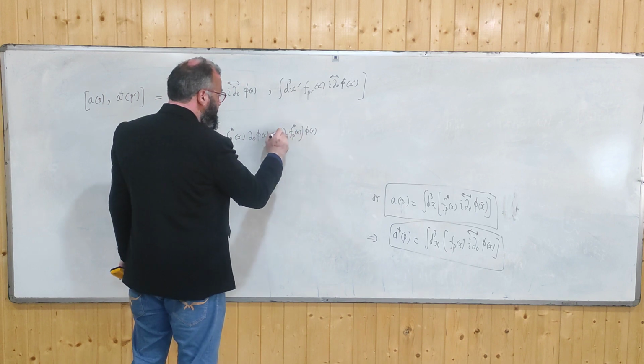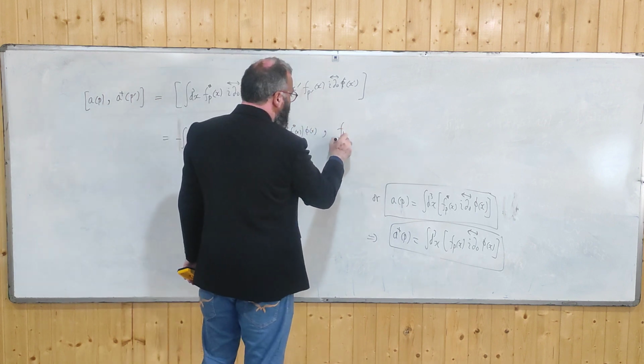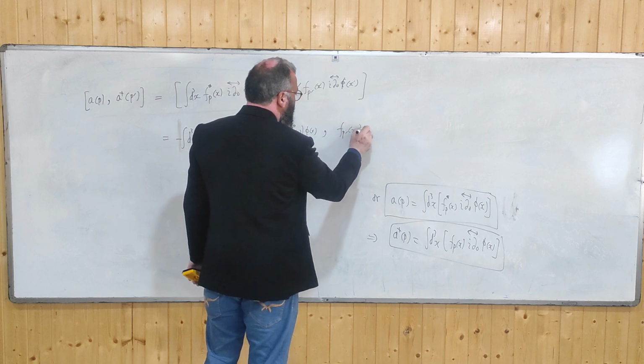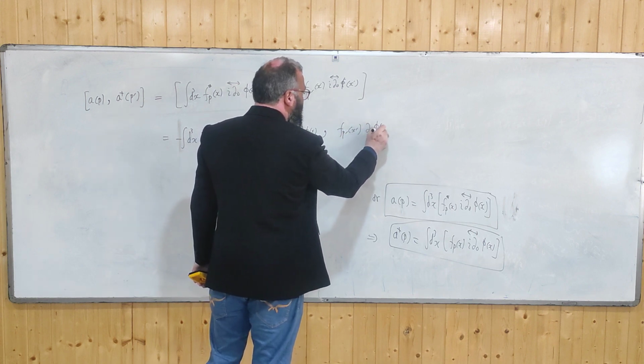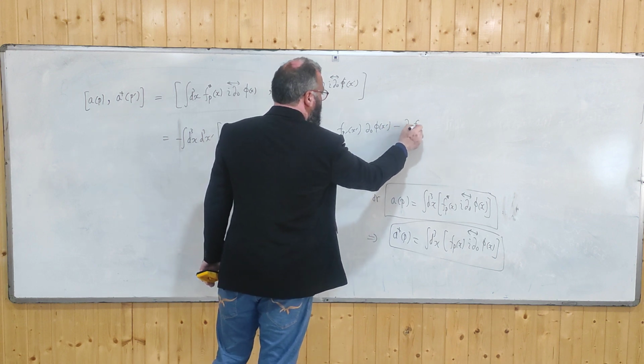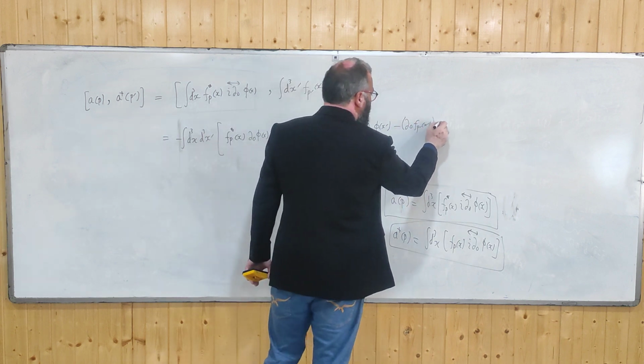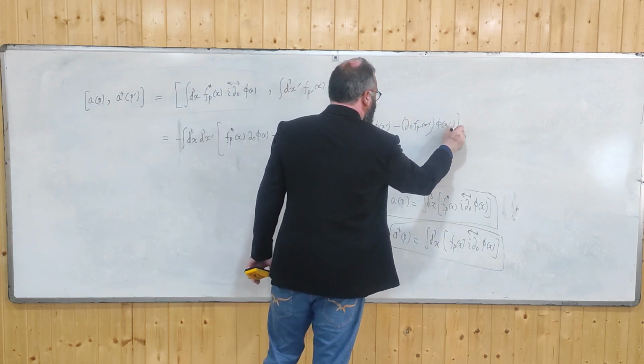And then f p prime x prime partial 0 phi of x prime, then minus partial 0 f p prime x prime, then phi of x prime. Everybody got it?